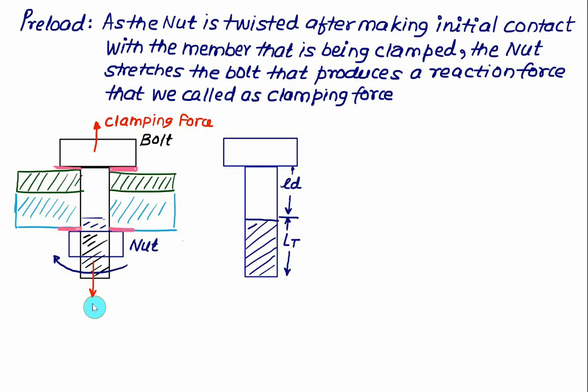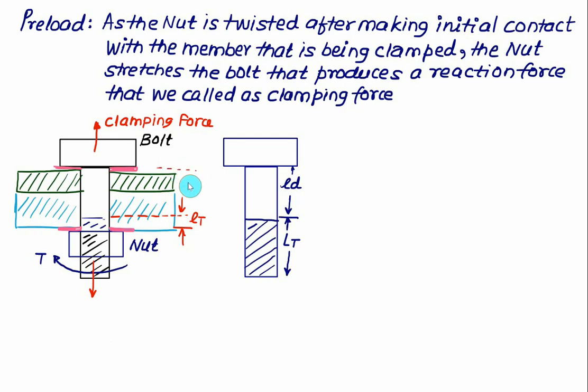But when initially it is preloaded by applying a torque and generating a clamping force, then only that portion of the threaded part which is inside the joint has to be considered. The effective length of the threaded portion is only this much, that is, this one is equal to lowercase lt, and the remaining distance will be our ld value.